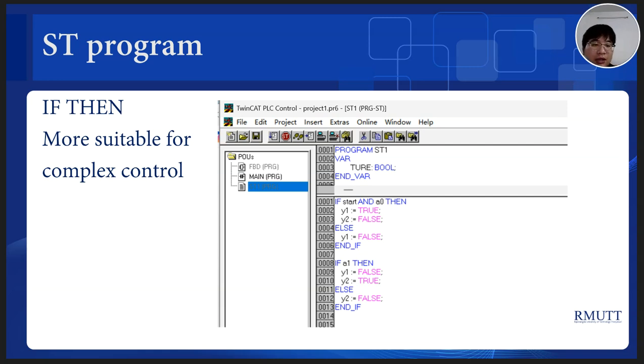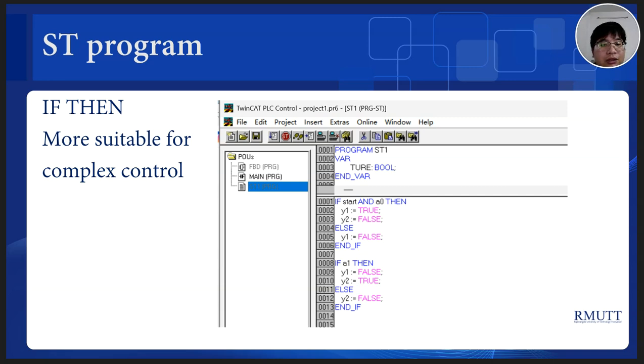This page presents the ST program. ST means structured text. In this language, the control logic is written by using IF-THEN statements. Compared with LD and FBD, ST looks more like a traditional programming language.